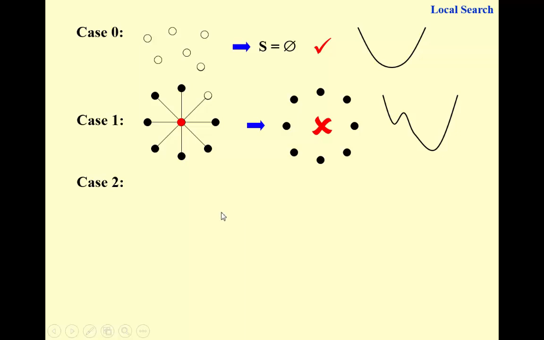Case 2 is even more complicated. Okay, it's a graph looks like this. So what is the optimal solution? This is one, right? The optimal solution contains exactly 3 vertices that can cover all the edges. However, if we are not so lucky, if unfortunately we happen to delete one of the correct solutions, what's going to happen?